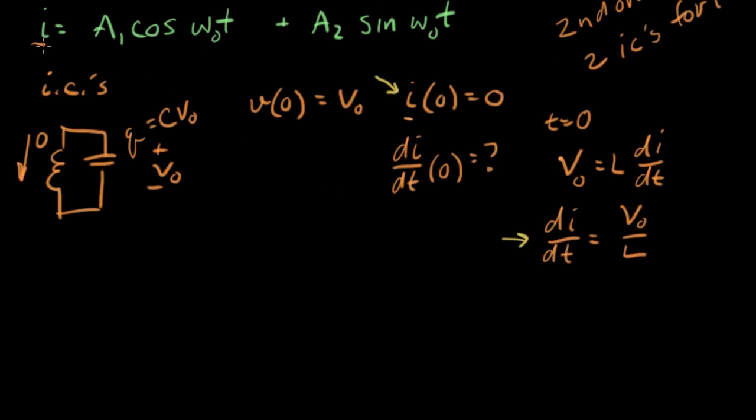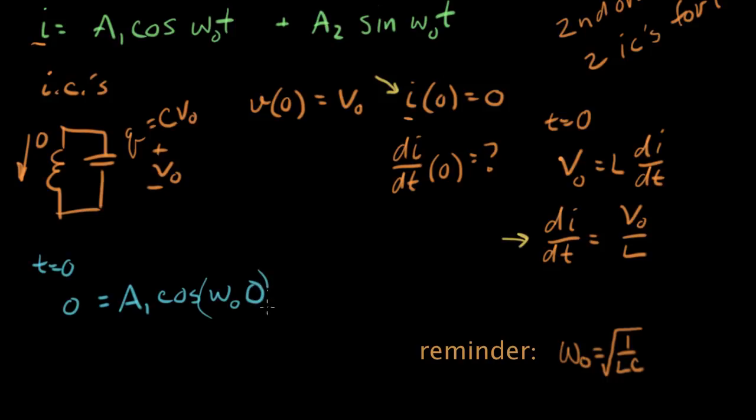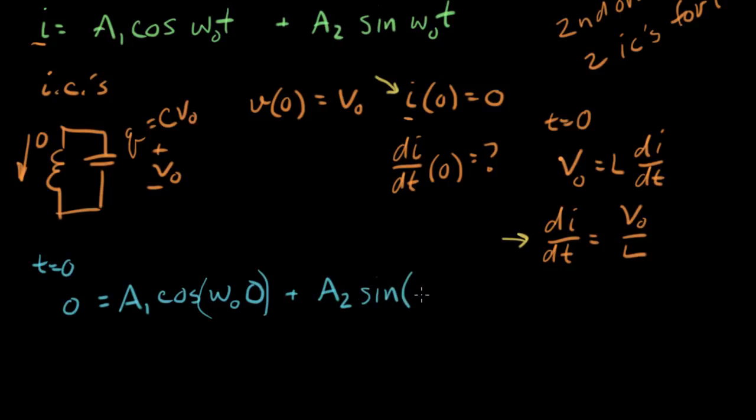First off, let's plug in I for time equals 0, and then see if we can work out something over here. So at time equals 0, the current is 0, and that equals A1 cosine omega naught times 0, plus A2 times sine of omega naught times 0.